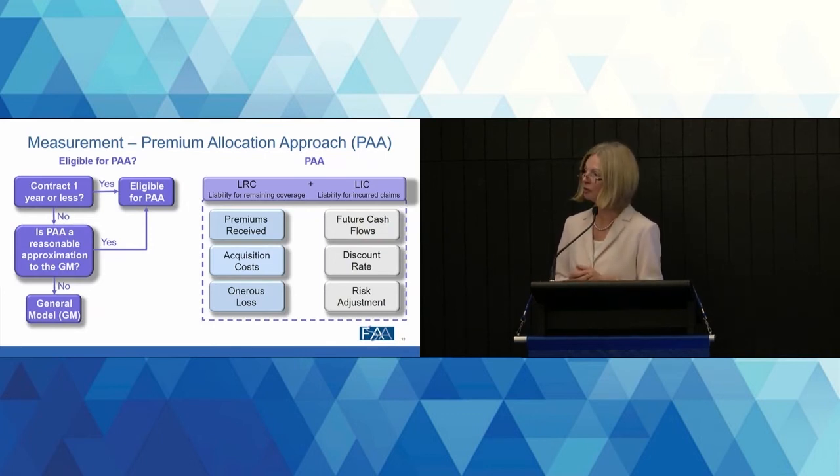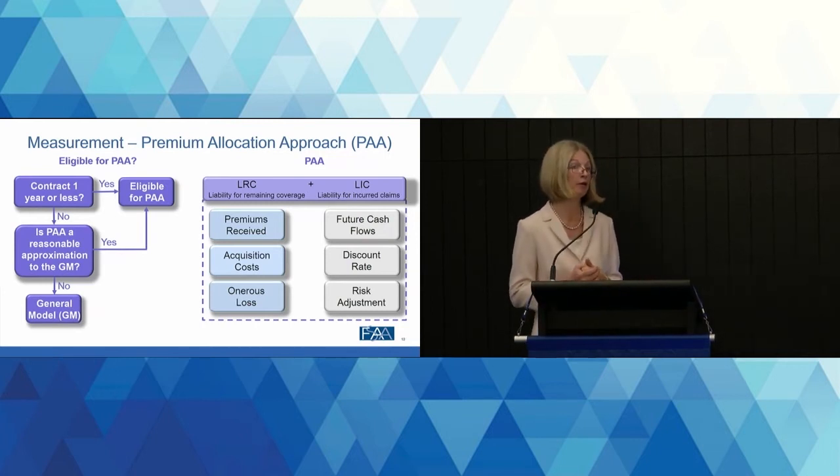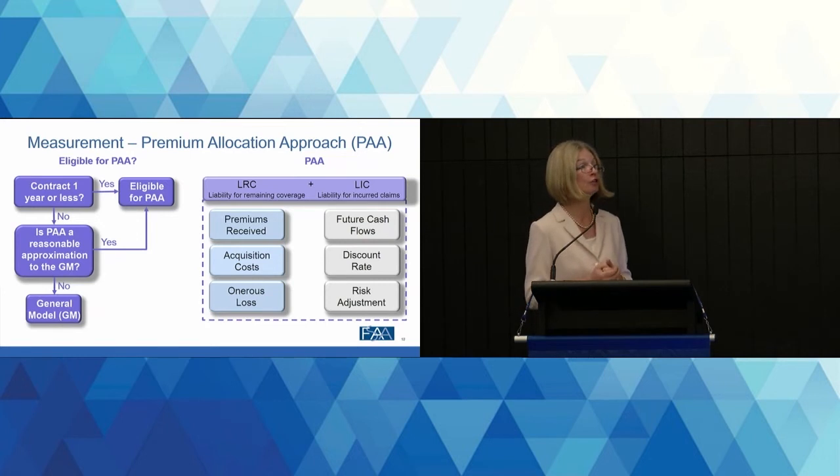Acquisition costs. Under the PAA, once again, for contracts with a period of less than 12 months, you can choose to expense your acquisition costs immediately. So we're all, I think, quite familiar with DACing and having a separate DAC asset on the balance sheet. You can choose now to expense those costs immediately.